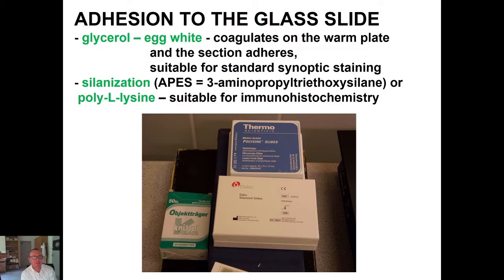Sometimes egg white isn't possible to use because it contains proteins, and if we want to do some immunohistochemistry, it can be a problem to have some chicken protein there. So other materials are used for improvement of adhesion, like silane or poly-L-lysine.